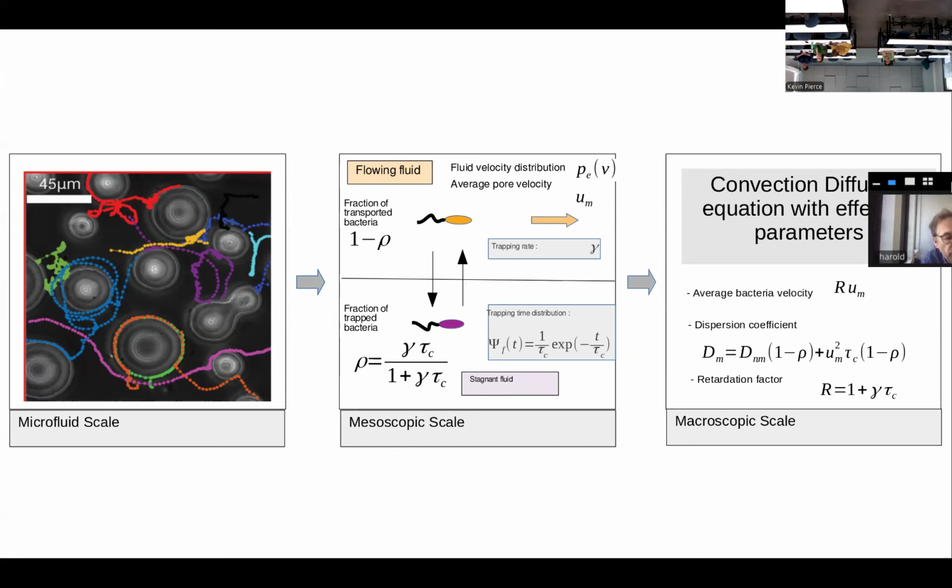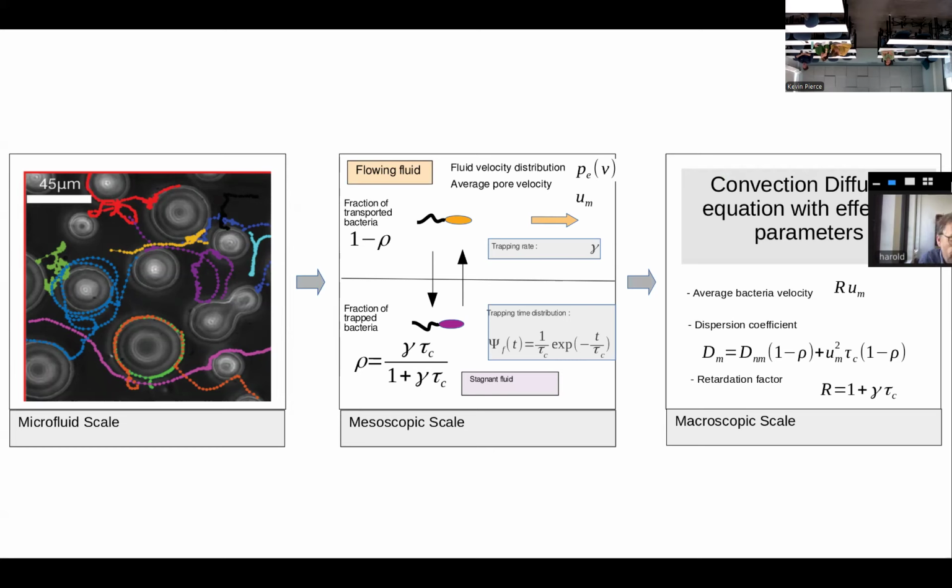One domain where the fluid is moving, and some part of the fluid where you have no motion. And the exchange between the two, you have to introduce a trapping rate. You have a trapping time, the time that the bacteria will stay in the stagnant fluid. And so you have an exchange between the two.